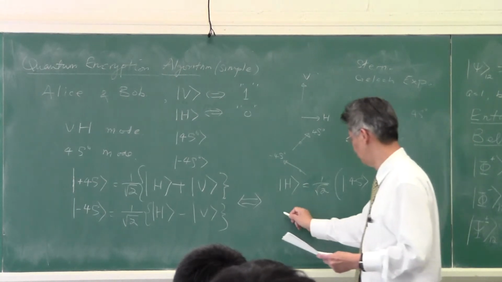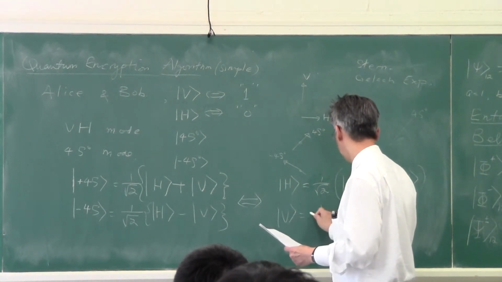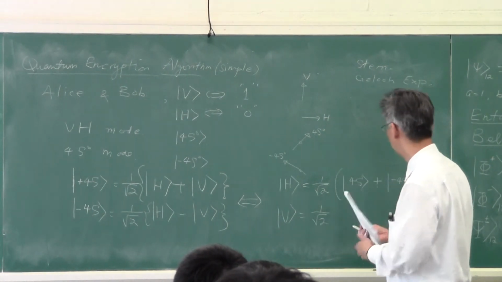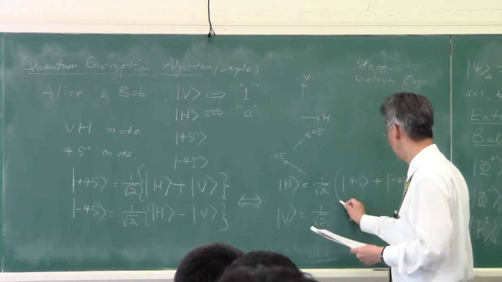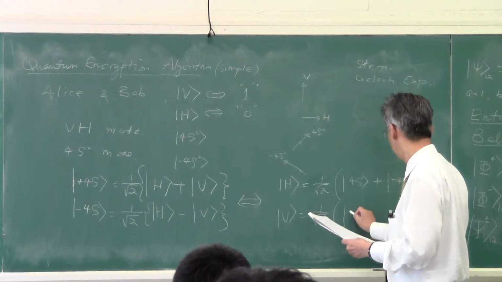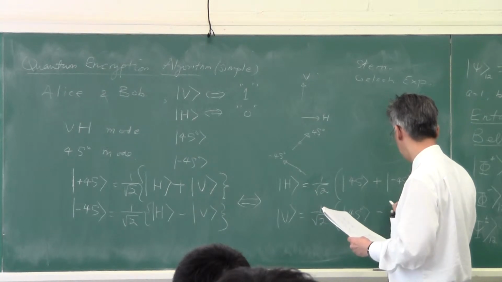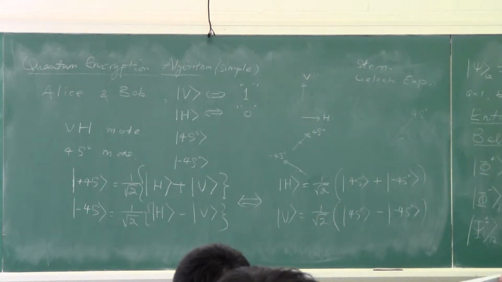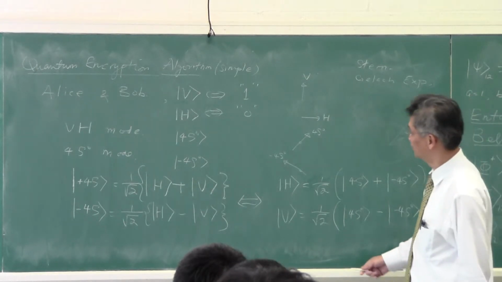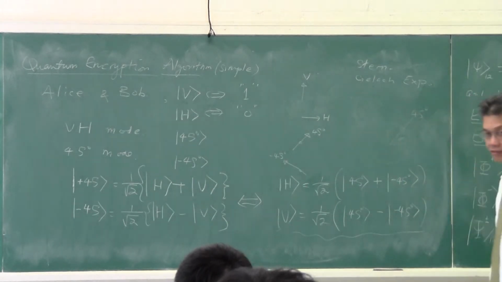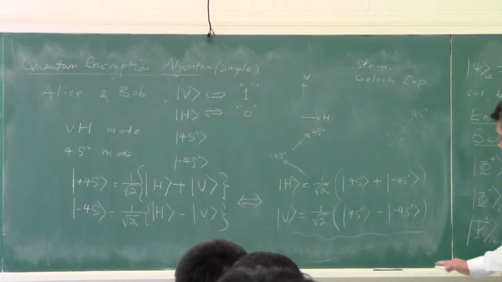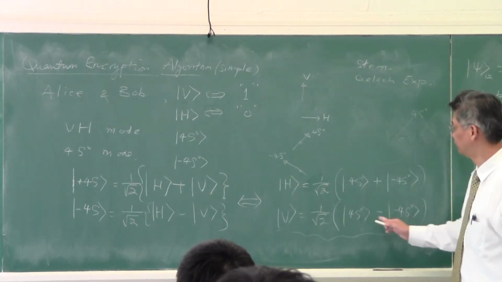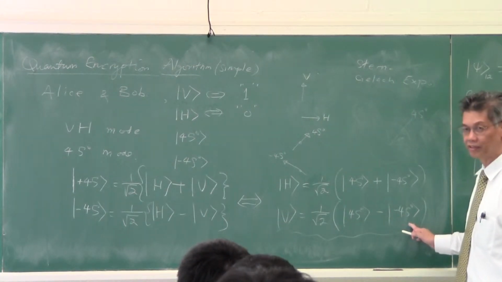And that the vertically polarized photon is also a linear superposition of these two states of photons, plus 45 degrees and minus 45 degrees. So if Alice sends out a vertically polarized photon, you can regard the photon to be a linear superposition of the 45 degree state and the minus 45 degree state.